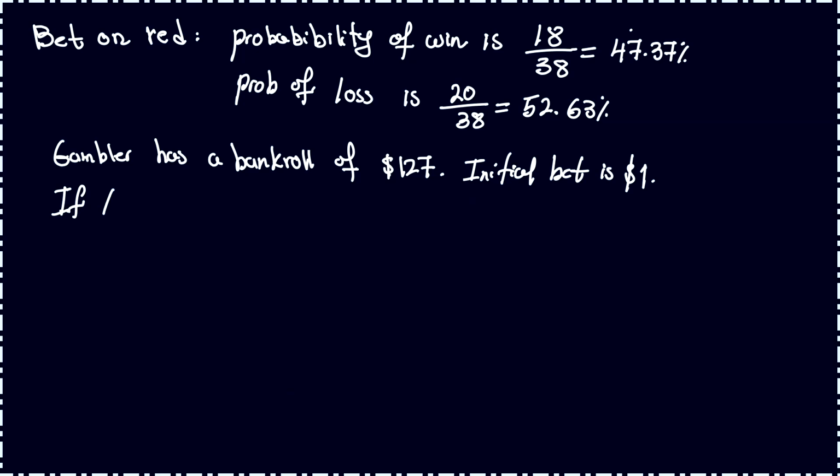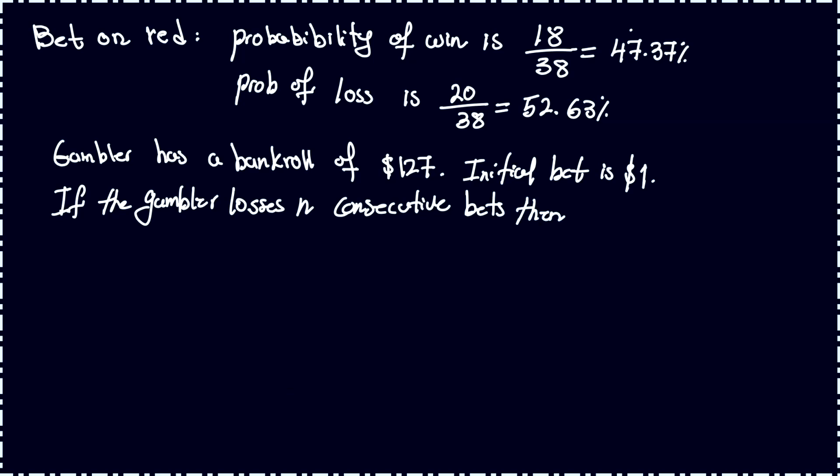So if the gambler loses in consecutive bets, then he or she is giving away a total loss of the initial bet, which is $1, in addition to the double of the initial bet, which is $2, plus $4, which is the double of the previous amount.